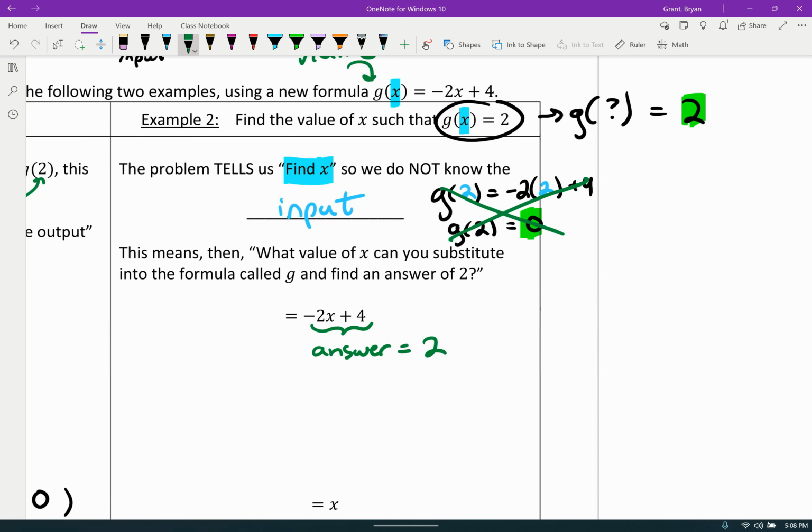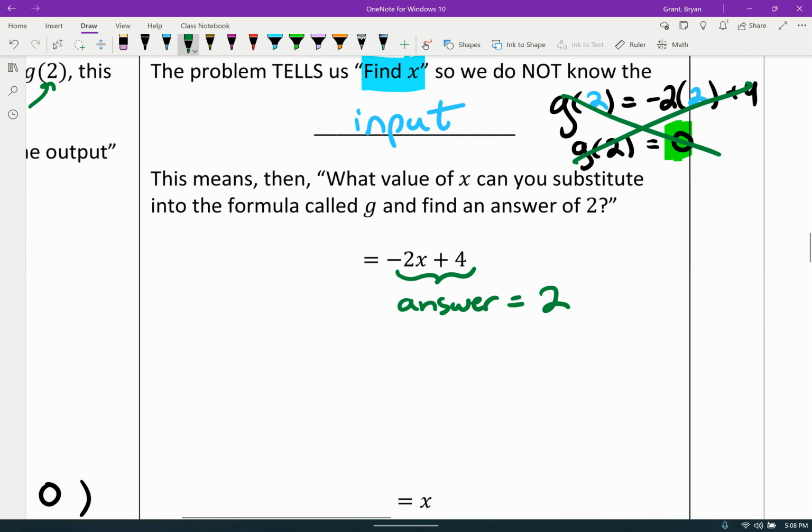And luckily, we're in algebra. One of the biggest points of being able to do algebra is if you're asked the question, what number can you put into an equation to get an answer, you're now able to solve that. The way you do it is you take your formula and you set your formula equal to the answer you're trying to find.